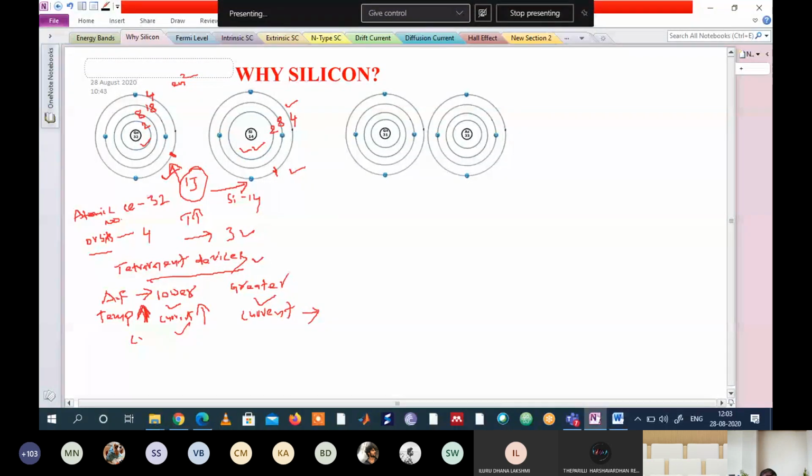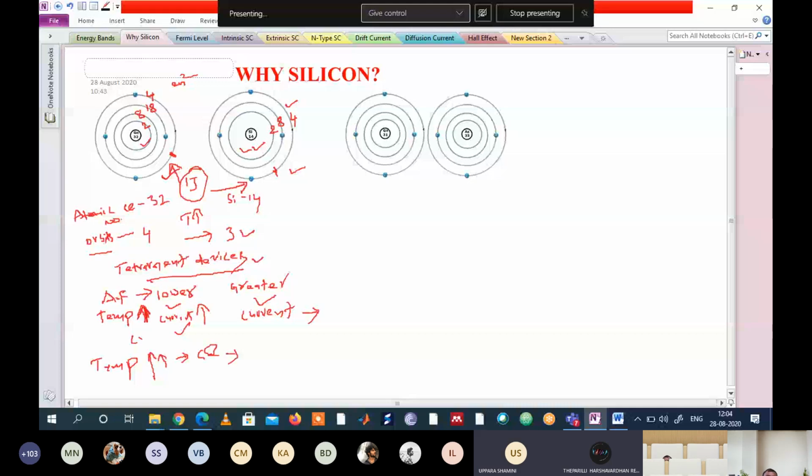Now, suppose temperature is increased to a very high level. Now tell me, which atom's electrons all come outside first? Germanium. Very good. In the germanium atom, all electrons come outside first.